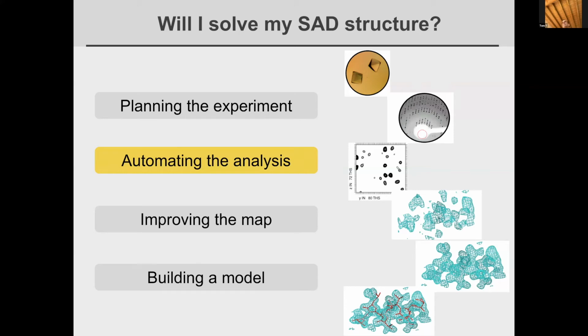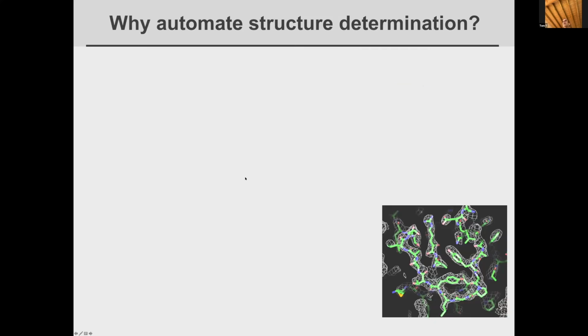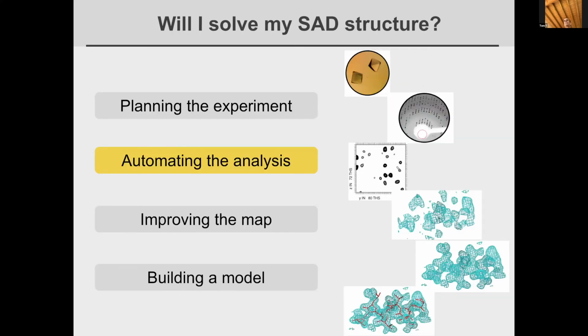So that means that if we want to measure anomalous differences that are, let's say, 3%, then we have to measure the data with an accuracy of like 3%, or else we have no hope of getting accurate anomalous differences. So accurate data is very important in this experiment.